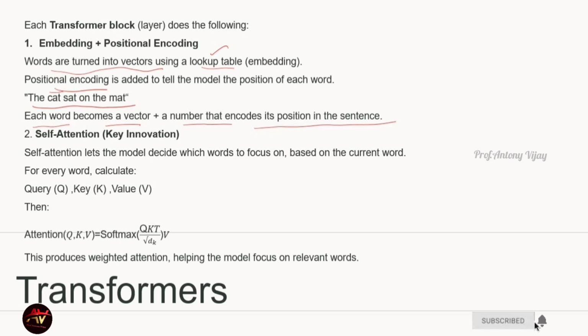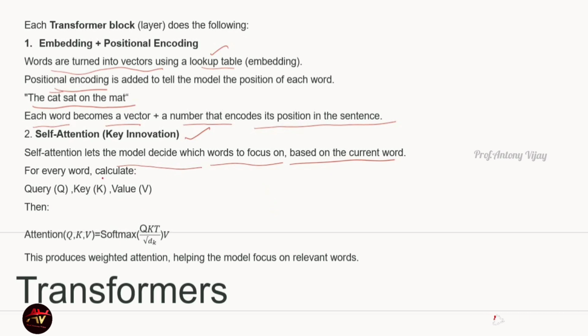Next we will see the second layer, that is called self-attention. That is the key innovation. Here the model decides which words to focus on based on the current word. Based on the current word, it will check the previous words in the sentence, so accordingly it will check which word is supposed to come next.